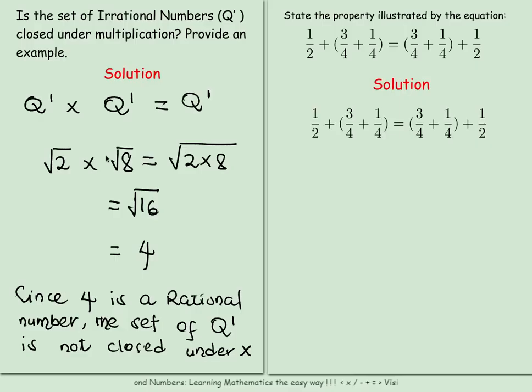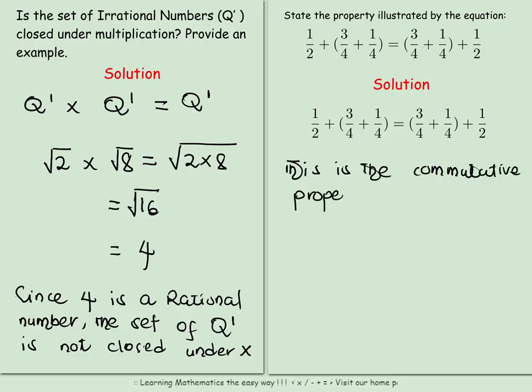That is commutative property, because it's just the positions that have been changed. So we would then say this is the commutative property of addition. And that is all. You see?